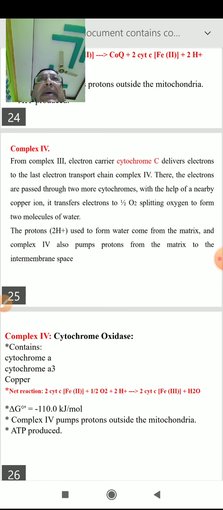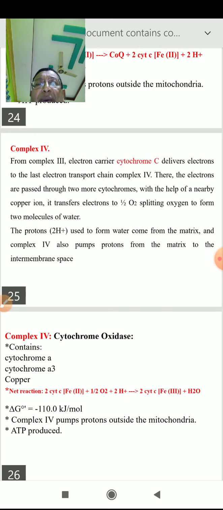There the electrons are passed through two more cytochromes with the help of a nearby copper ion. It transfers electrons to half an oxygen, splitting oxygen to form two molecules of water. The protons, the 2 hydrogens used to form the water, come from the matrix. Complex 4 also pumps protons from the matrix to the intermembrane space.